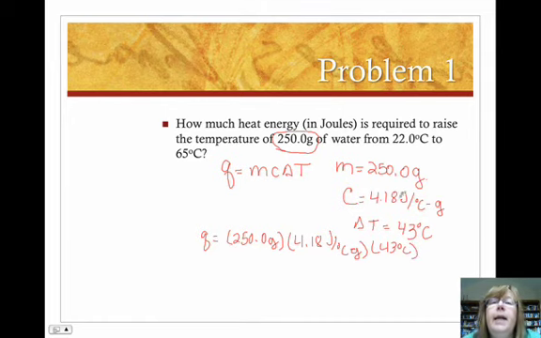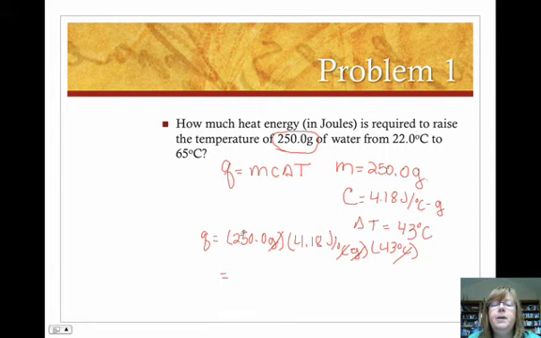This 4.18 came from your reference packet for liquid water, the specific heat of liquid water. And I think that is also on the front page of the reference packet, just so you know where to find these things. Let's have a look at our units. Grams here, grams down there, degrees C in the denominator, degrees C in the numerator, leaving us with the unit joules. That's the right unit for a heat or for energy.